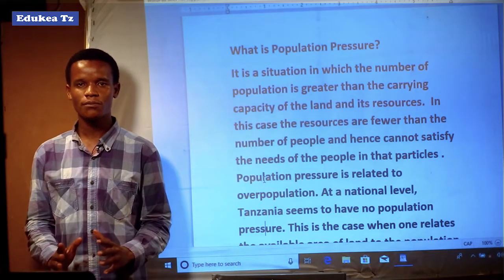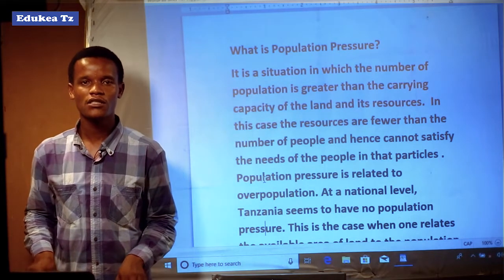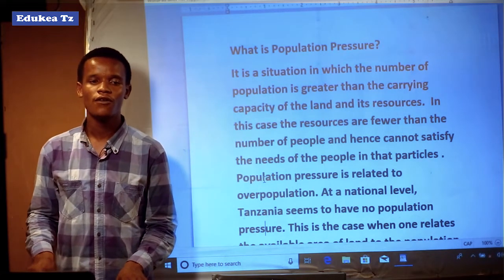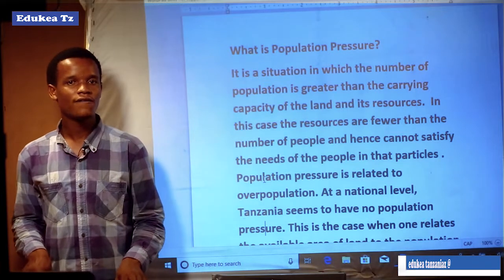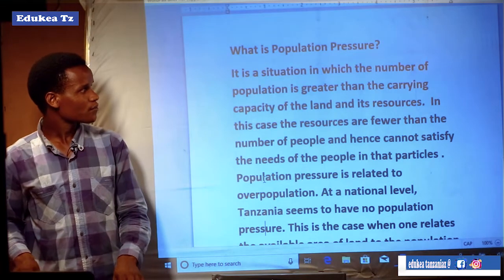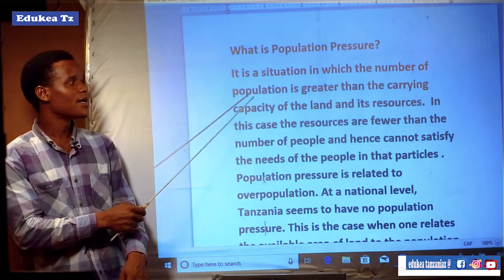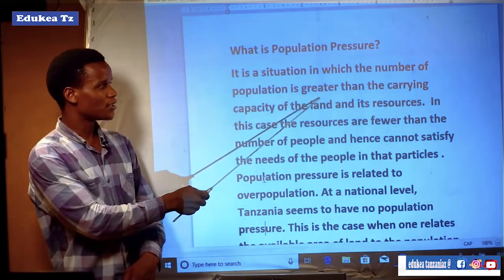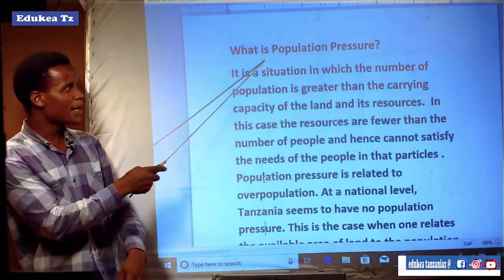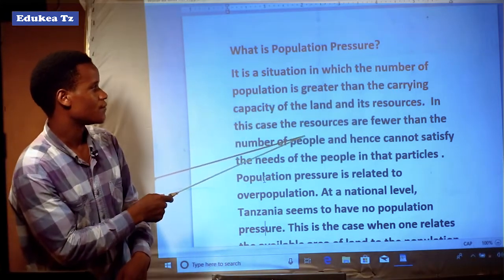So there is no balance between the available resources and the number of people. If resources are short and the population is high, this is not good for that place. So in order to maintain the population for development, we must have a close and interrelated relationship between the number of people in a certain area and the availability of resources.